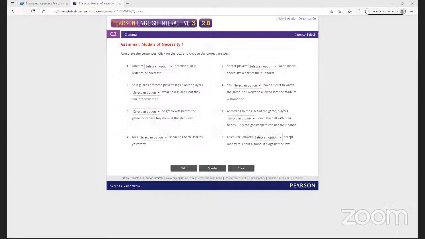And let's start with the second one. Models of necessity one. I'm gonna share my screen. Okay, can you see it? Yes, I can see.